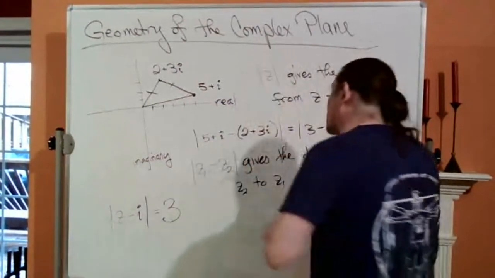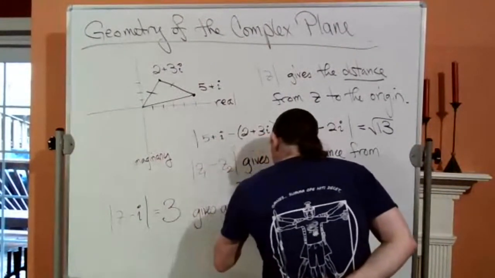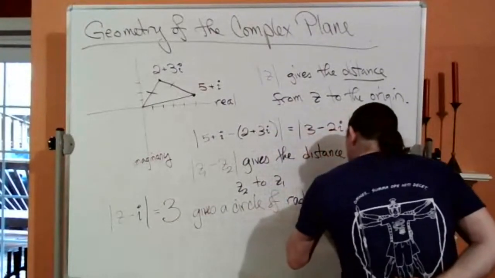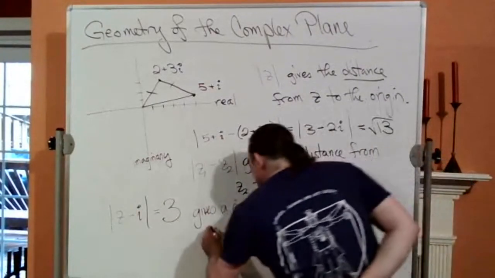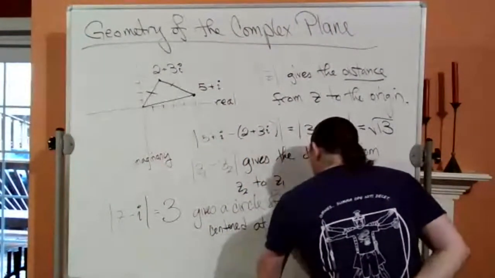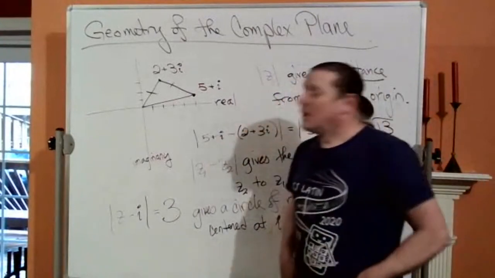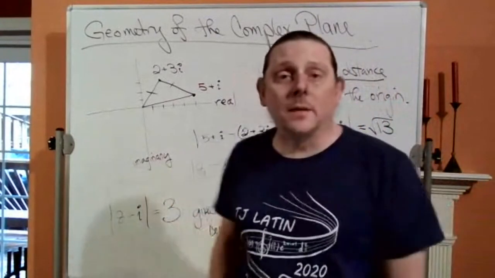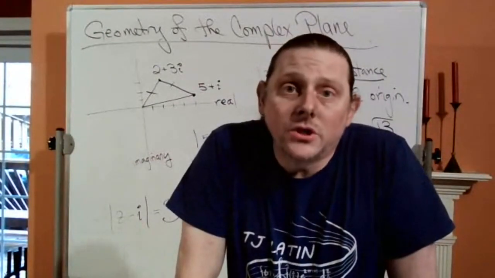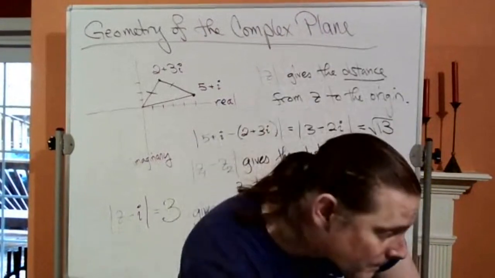So this would give a circle of radius 3 centered at i. All right, so just something very simple like that will give us the equation of a circle in the complex plane.